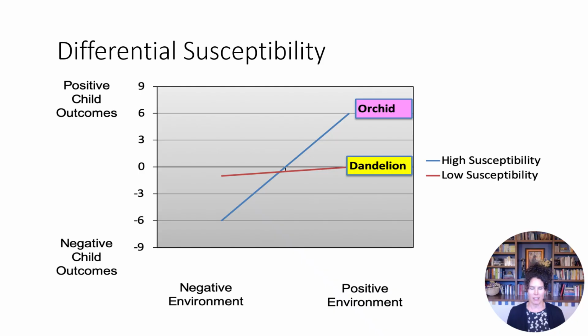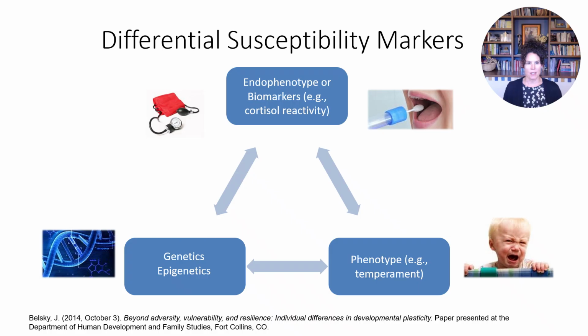It's often a non-significant change between a negative environment and a positive environment, and they're kind of mid-range. And so what this means is orchids have high susceptibility to their environment, and dandelions have low susceptibility to their environment. So each of these categories on this slide have been used by researchers as indicators of differential susceptibility.